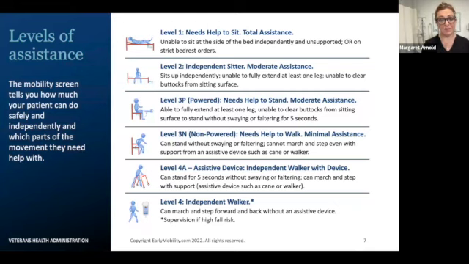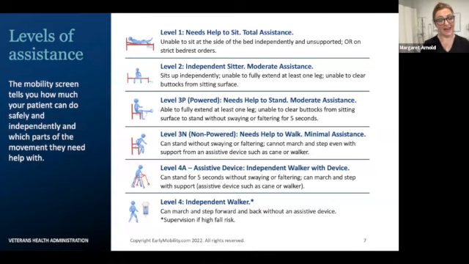A level 3P, or powered, needs help to stand also, but they have enough strength in their legs to try standing before you see if they need a device or not. A level 3N patient is able to stand safely, but they cannot step and march.